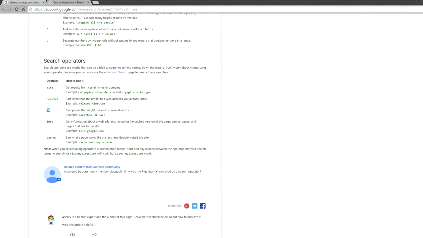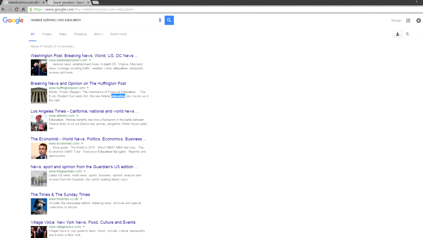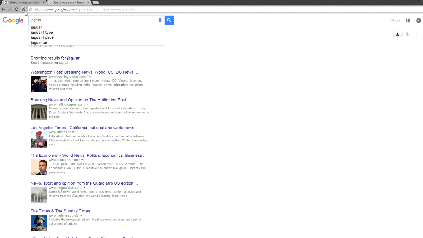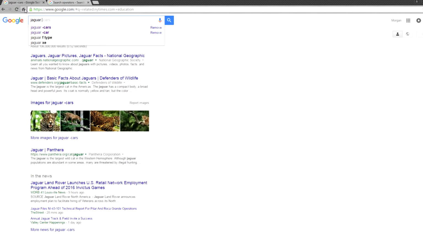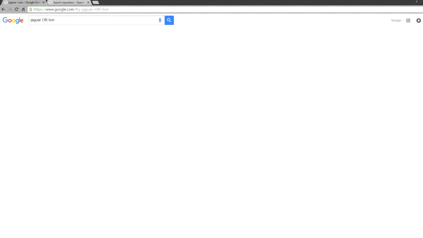And another nice one we can use is OR, to show that if a word has multiple meanings, we are looking for multiple meanings. So if we look for jaguar, and actually, let's type in jaguar or lion. How about that?